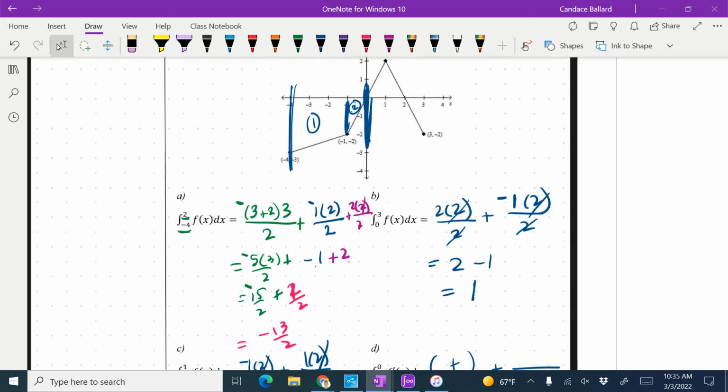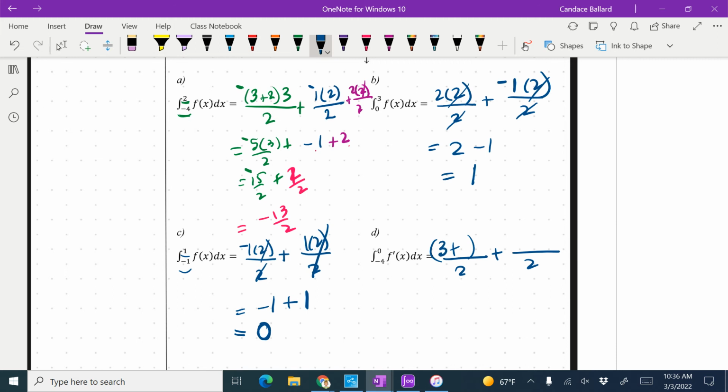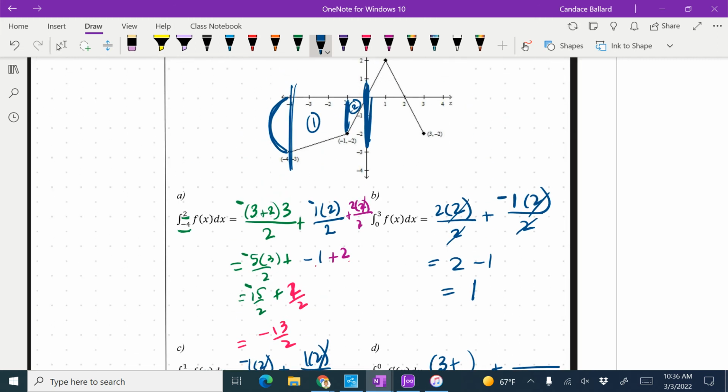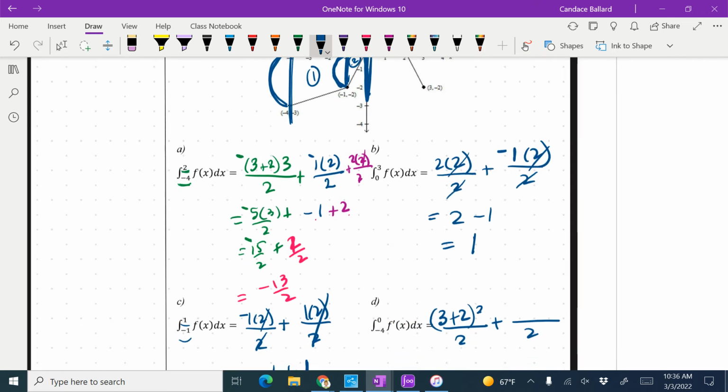All right, what is the first base of my trapezoid? How tall was this? 3, right? Well, how was the height of this part of the trapezoid? 2, good. And my base of my trapezoid, or my height, actually my height of my trapezoid? 3, okay, good.